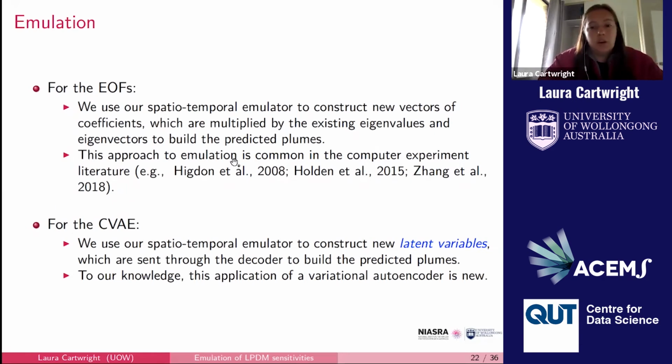And this approach is quite common. It's nothing new to this work. But for the CVAE, what we do is we use our emulators to construct new variables on that latent space. So we're basically trying to interpolate between the values on that latent space. And to our knowledge, this application of a variational autoencoder is new, which is cool.